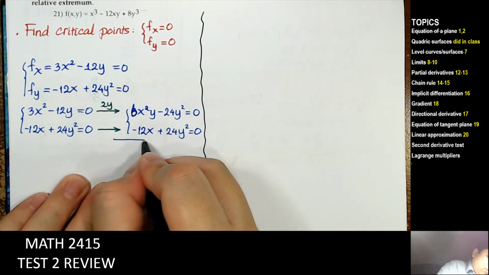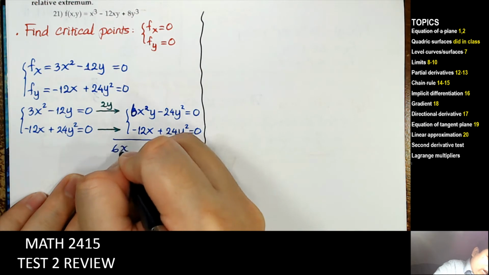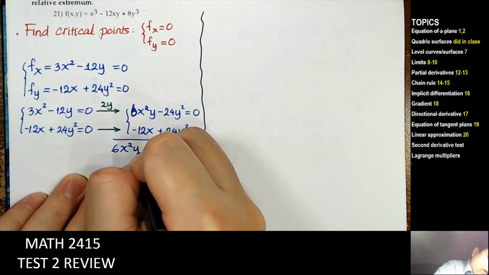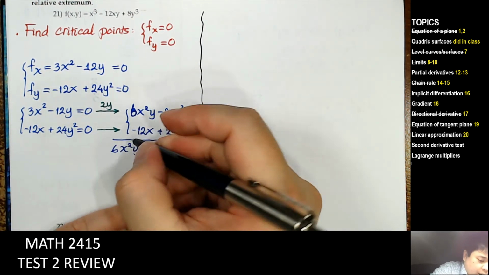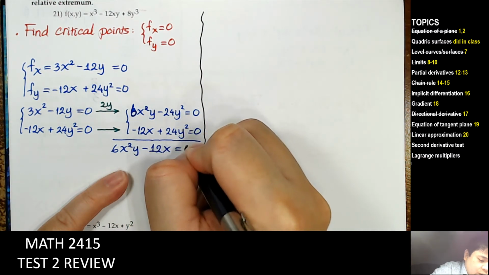Now if we add side by side, those two cancel out. We have 6x squared y minus 12x equal to 0.